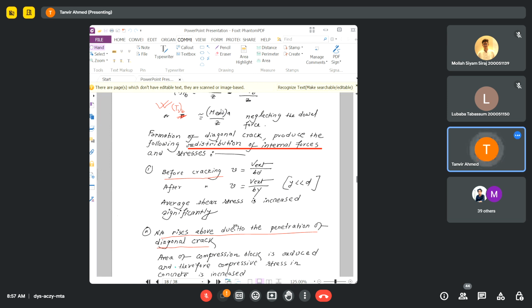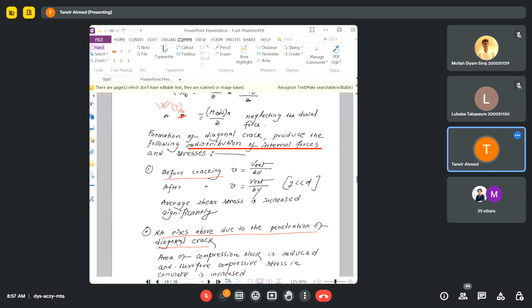So as the shear crack propagates, the effective area available for resisting the shear force becomes smaller, and the shear stress on the concrete will also become large. All right. So this is one thing that I wanted to mention.